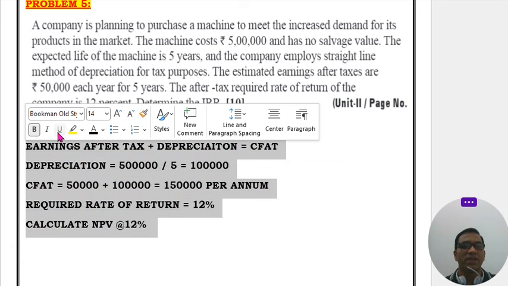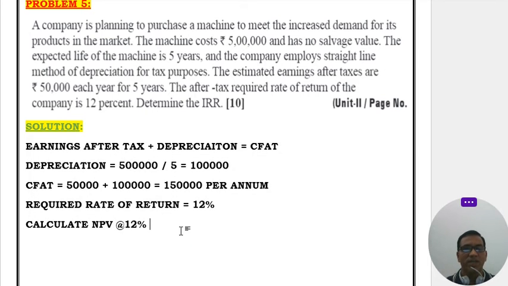And the cash flows, CFAT, are uniform, every year same. So when it is same every year, as I told in my previous question, there is no need to prepare a table, and no need to multiply 5 times, every time 150,000 with PV at the rate of 12% for first year, second year, third year.